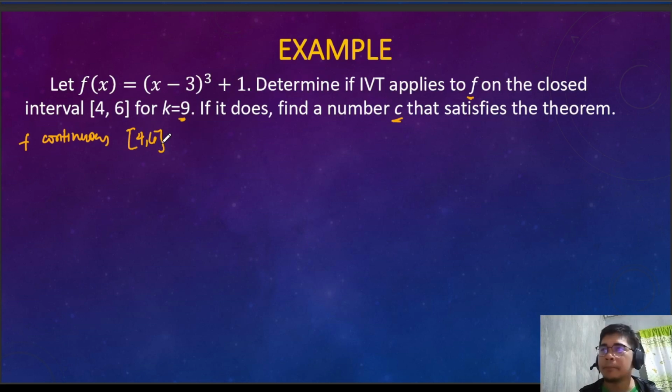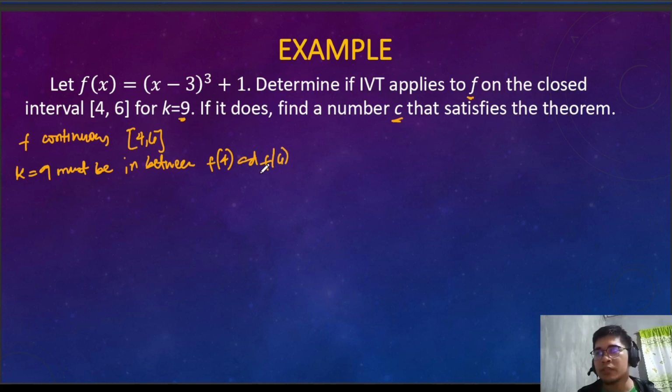And then second, our k, which is equal to 9, must be in between our f of 4 and f of 6. So those are our two conditions that we need to meet to determine the IVT.